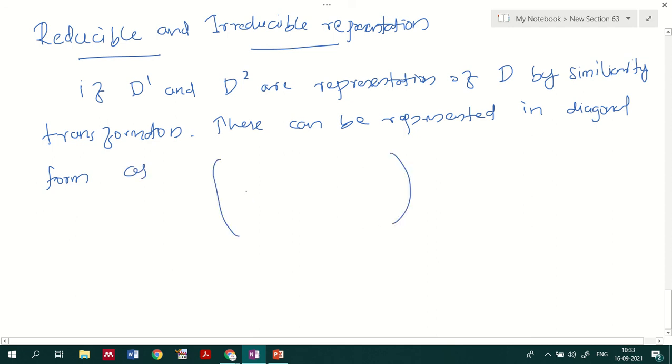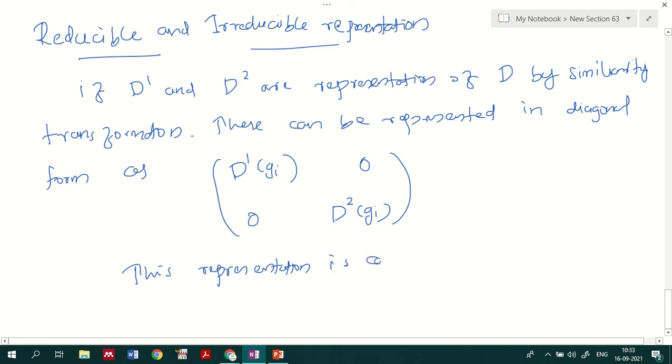That is, you can represent the corresponding values, the representation d1 of gi, and this will be 0 and this will be 0, and we'll have d2 of gi. This kind of diagonal form representation D is called a reducible representation.